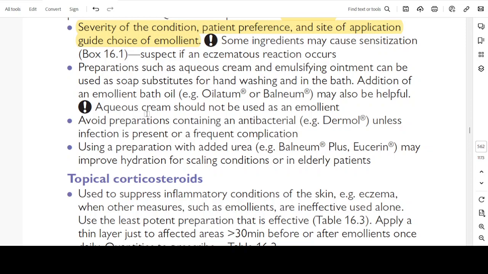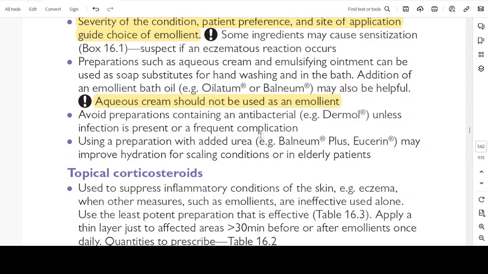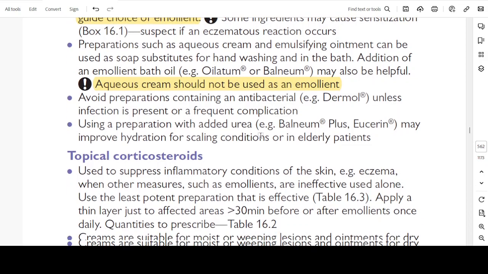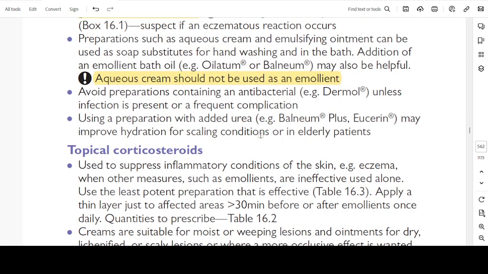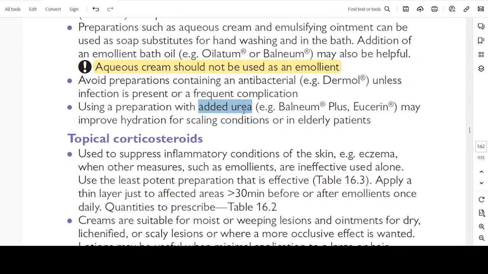Aqueous cream should not be used as an emollient. Avoid preparations containing antibacterials, such as Dermol, unless infection is present or a frequent complication. A preparation with added urea, such as Balneum Plus or Eucerin, may improve hydration for scaling conditions in elderly people.